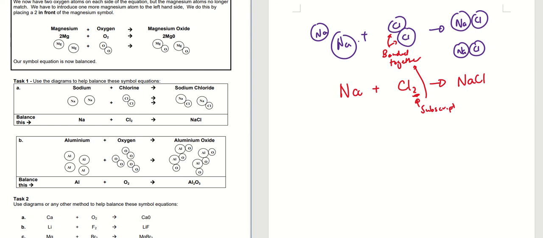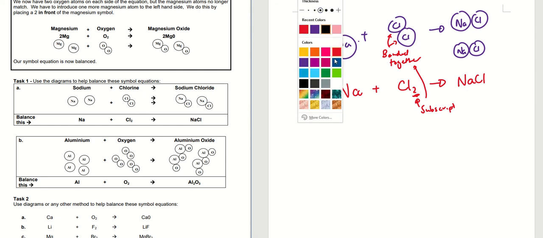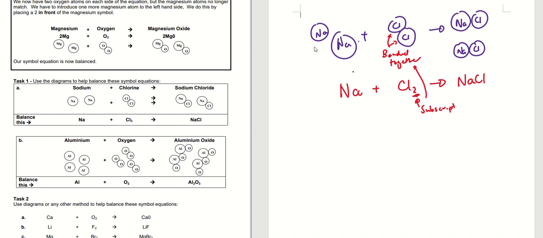Okay, so let's just quickly fill this out. I have 2 sodium atoms, so I have 2 groups of them. So if it's 2 groups, put 2 for my coefficient, because the coefficient tells you how many groups you have.